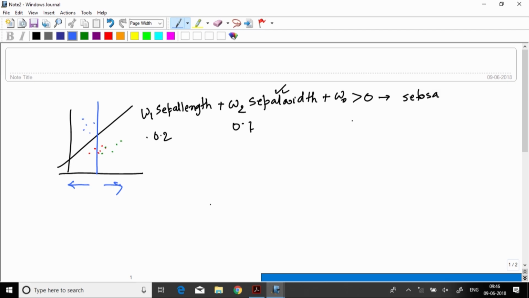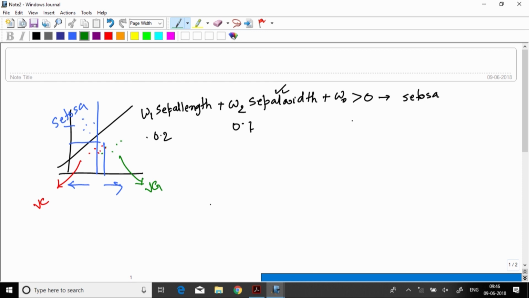Then maybe we'll divide again somewhere here, so that this is setosa, this box is some versicolor, and for this block we cannot say much, but this one you can say is virginica.